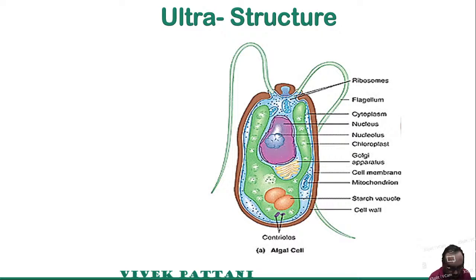So basically the structure of algae. An algal cell is a membrane bound cell, which contains a nucleus, a chloroplast, and the mitochondrion.